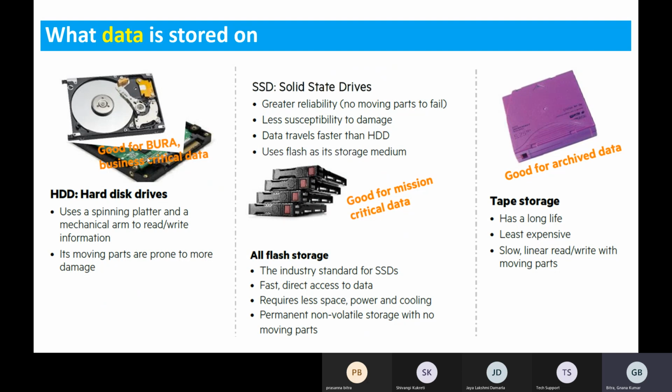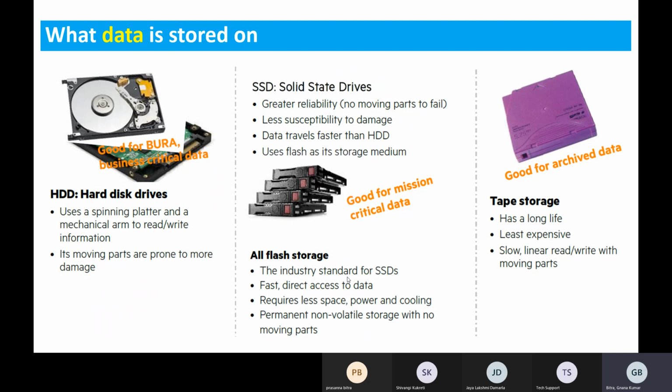It's like business critical data. When it comes to the SSD, solid state drives, this is mostly compared to HDD. HDD is a bit costlier, and performance is also higher in SSD, and SSD holds more mission critical data. And all flash drives, nowadays the most popular drives are flash storage.